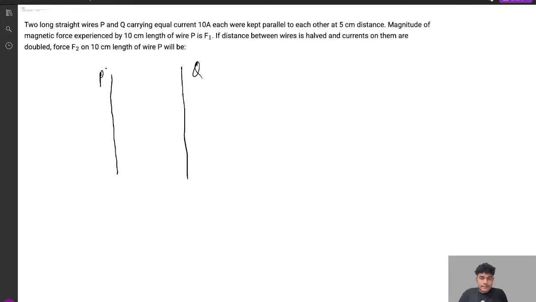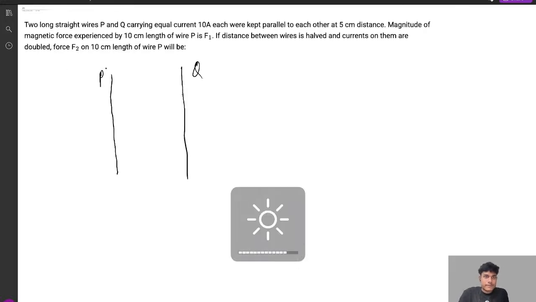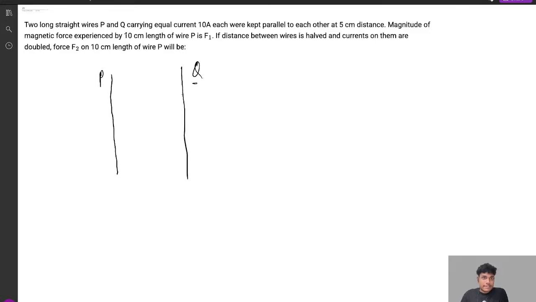So here is our P and here is our Q. Two long straight wires P and Q carrying equal current of 10 ampere each were kept parallel to each other 5 centimeters apart. Both are carrying 10 ampere current. Force experienced by 10 centimeter length of wire P is F1.